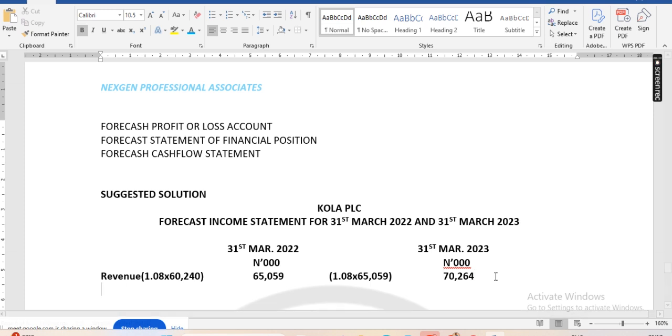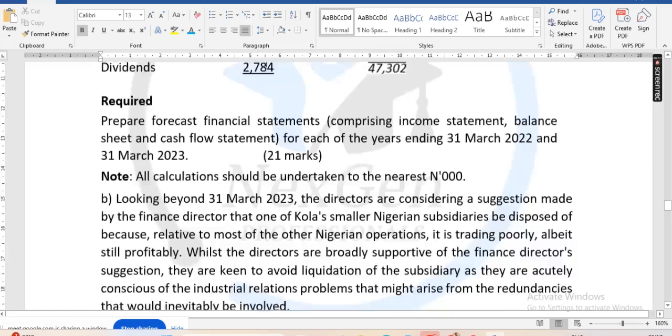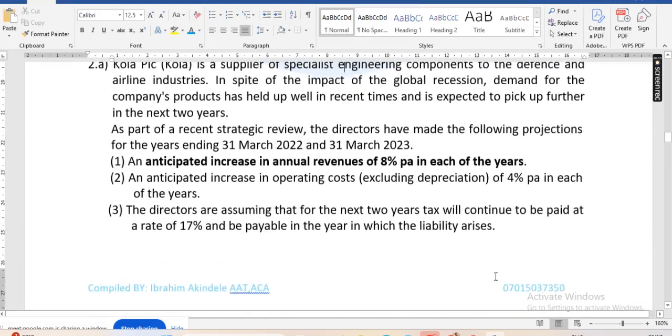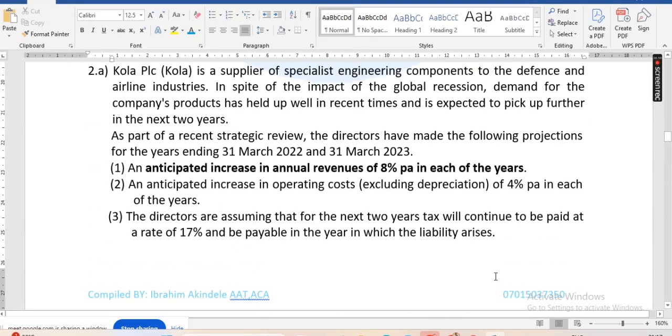Based on the financials given to us, we have operating costs, right? Now, you can see that we were told in Roman figure 2 that an anticipated increase in operating costs, excluding depreciation, is 4% per annum in each of the years.